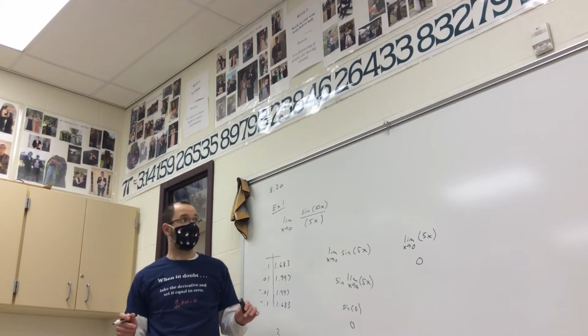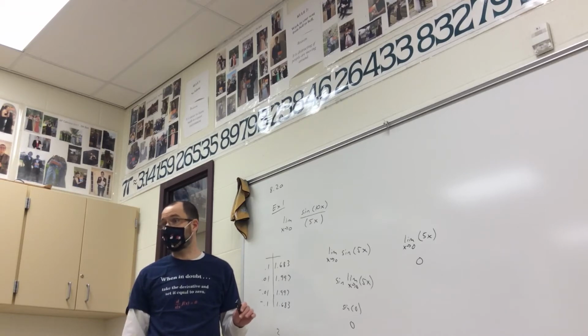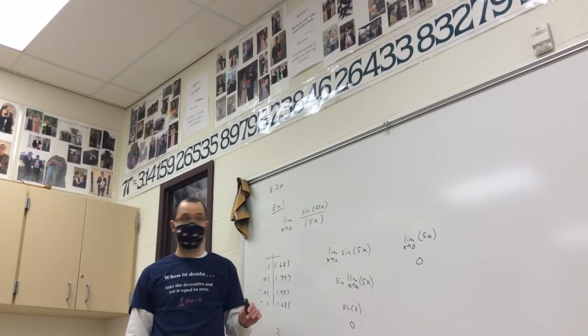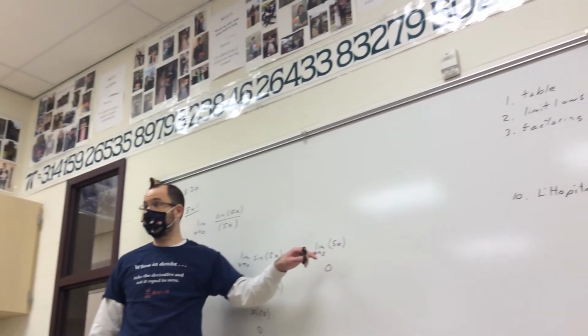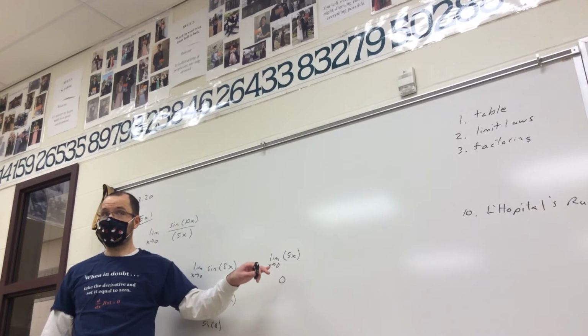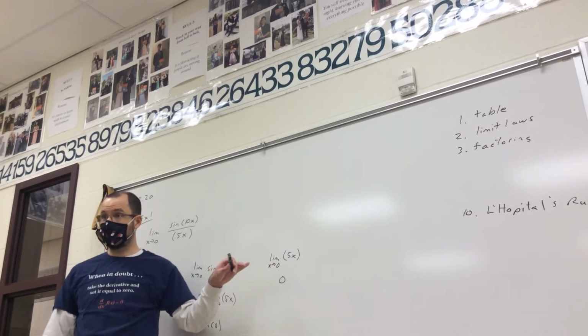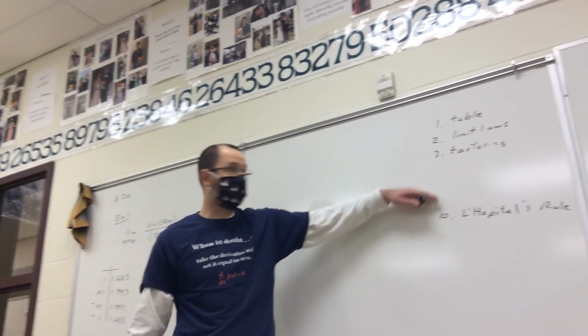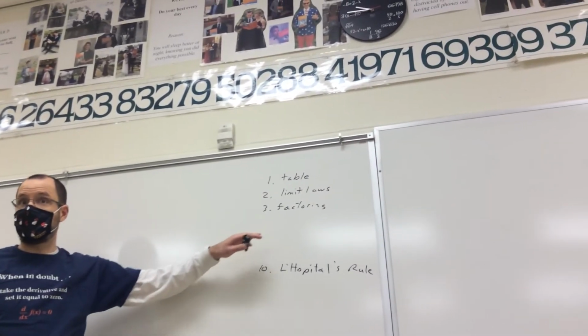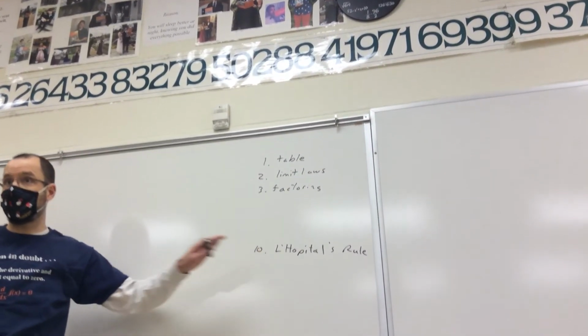So that means that limit laws would not work on this problem, right? Right here, if the limit of the bottom is 0, that means limit laws are out. So it's good we have these other methods, but in particular today we're going to use this one.